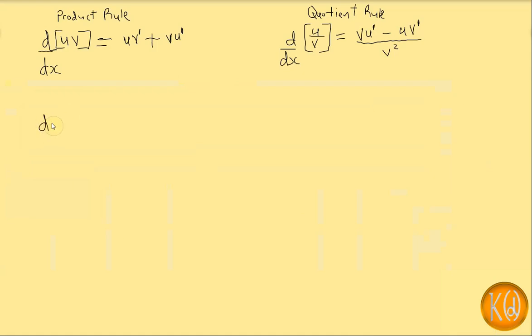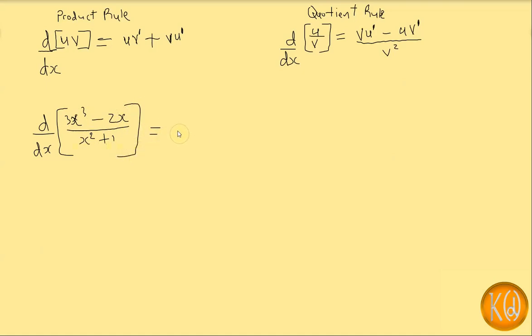Okay, let's say we're asked to find d dx of say 3x cubed minus 2x upon x squared plus 1. Good.